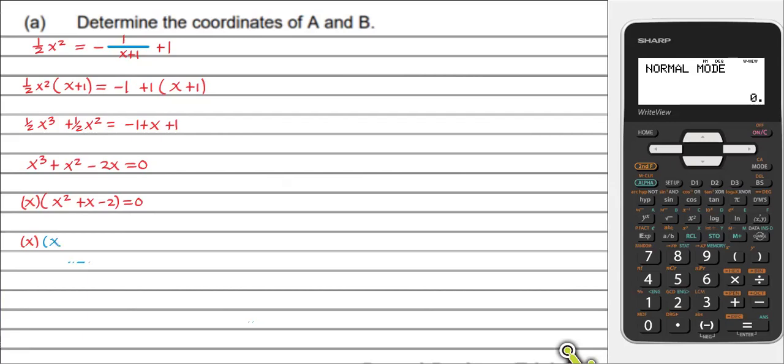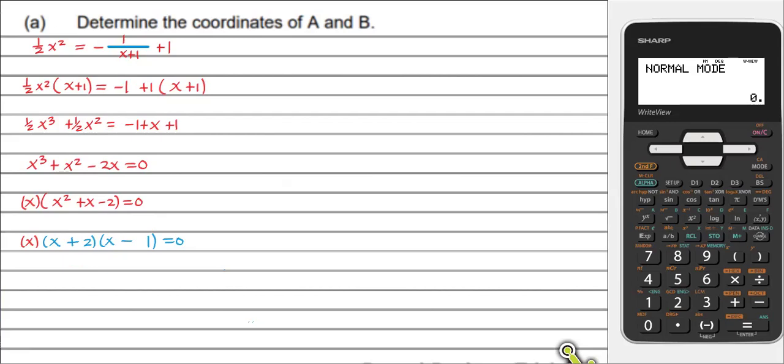So it's going to be x. And then another bracket will be x, and then equals to 0. Factors of 2 showing up will be 2 and 1. This has to be plus. That has to be minus. And then we can give them the answers. Okay. Let's give them the answers.